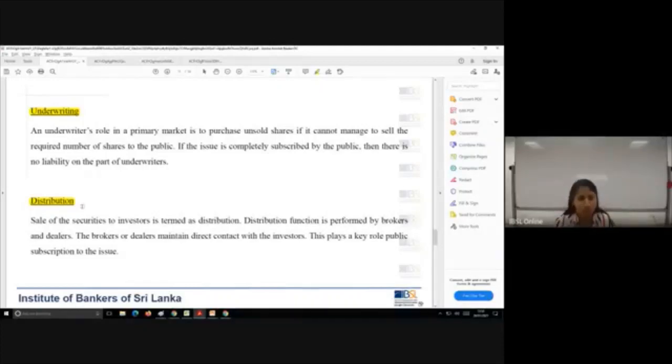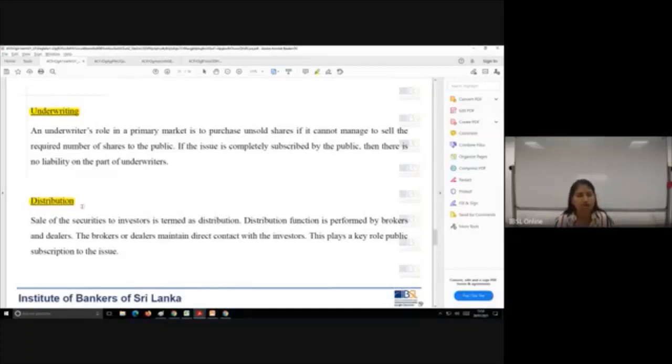So you might have to initially approach the broker and the dealer and educate them about the share issue. The managers will come on board as well. The joint managers and the lead managers will help you talk to the brokers and the dealers, promote the share, and tell what the benefits of it are and why you should invest in it.